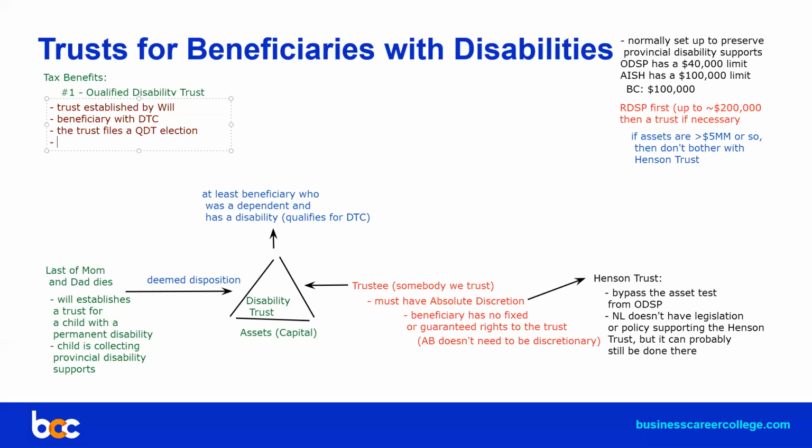And what that allows you to do is it allows the trust to retain income and pay tax using the graduated tax rates. What did I say is the normal tax rate for a trust earlier? How would a trust normally be taxed? Top tax rate. But now we have access to lower tax rates.